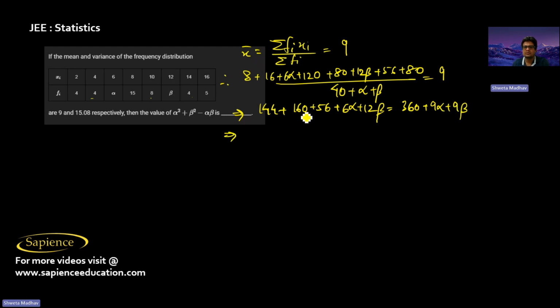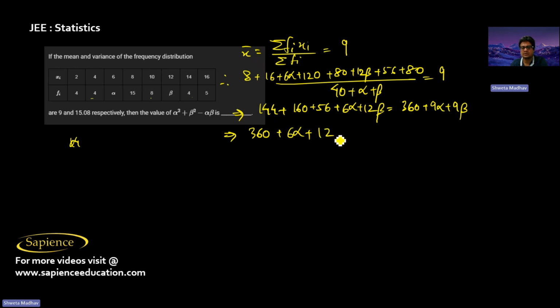Now therefore, 144 plus 56, that is 200, and 160 plus 200, that is 360.